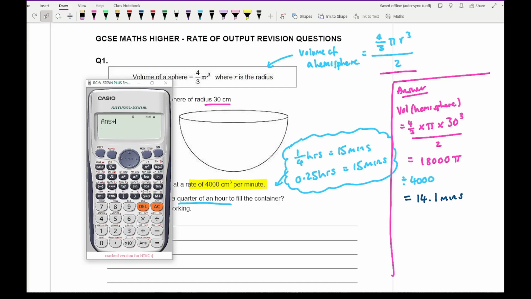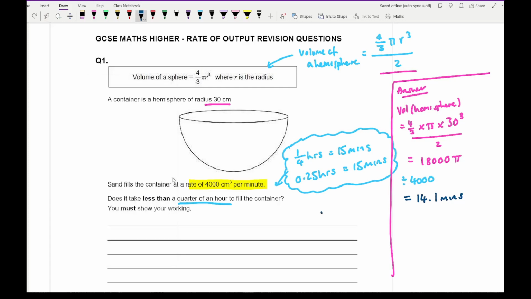I'm dividing that by 4,000 because that's the rate at which it fills. So that's going to be 4.5 pi, and as a decimal that gives me 14.1, which is correct. So here, looking at this, does it take less than a quarter of an hour? Then yes, it takes less than 15 minutes. And there is my final answer.